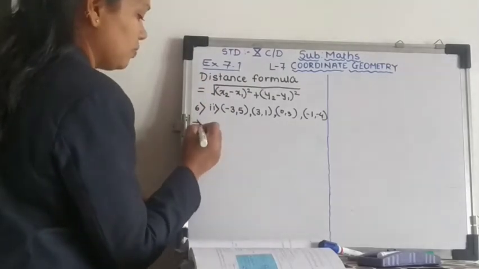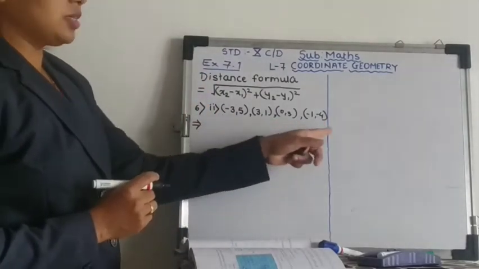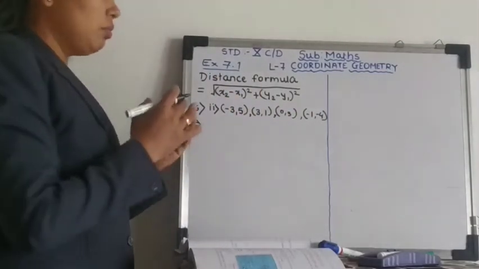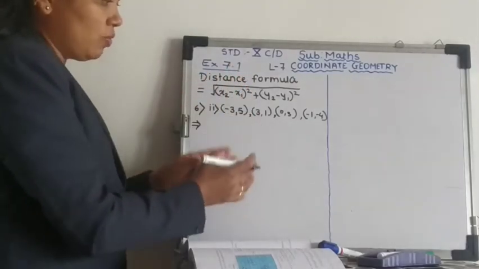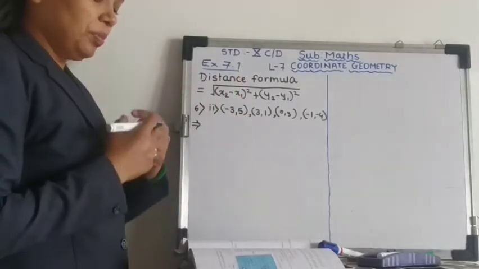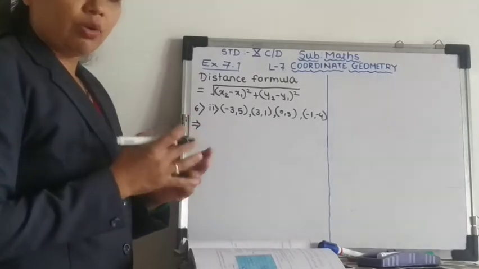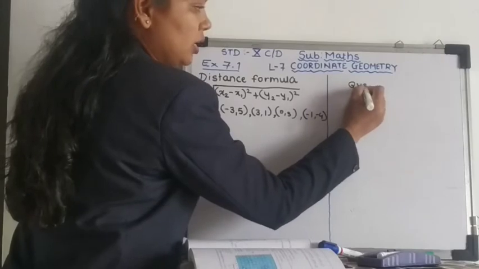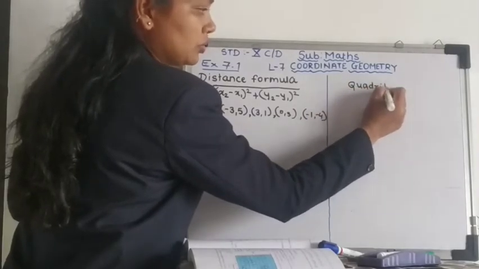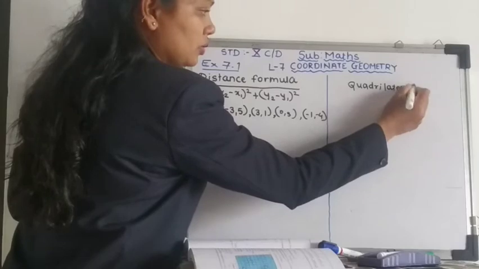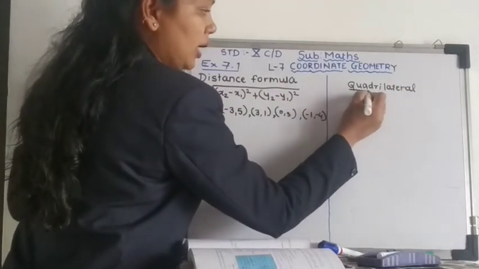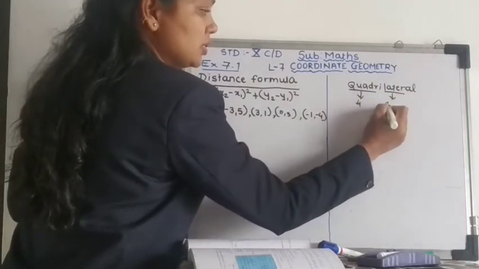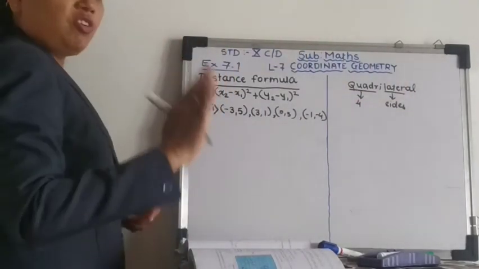Now let us solve. Whatever coordinates are given, we are going to label them as A, B, C, D, because after solving, we will say whether it is a quadrilateral or not. Quadrilateral means: quadra means 4 and lateral means sides, a 4-sided figure.